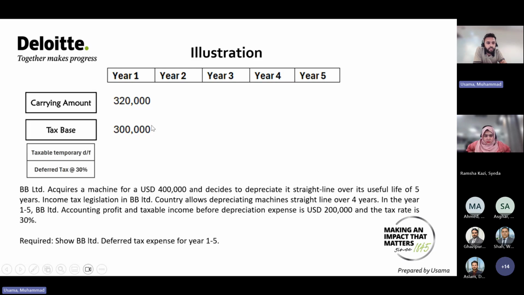So we need to check the deferred tax here. Here we have calculated our deferred tax. Can anyone tell me, is it a deferred tax asset or a deferred tax liability, as I mentioned in my previous slide? Deferred tax asset, I believe.